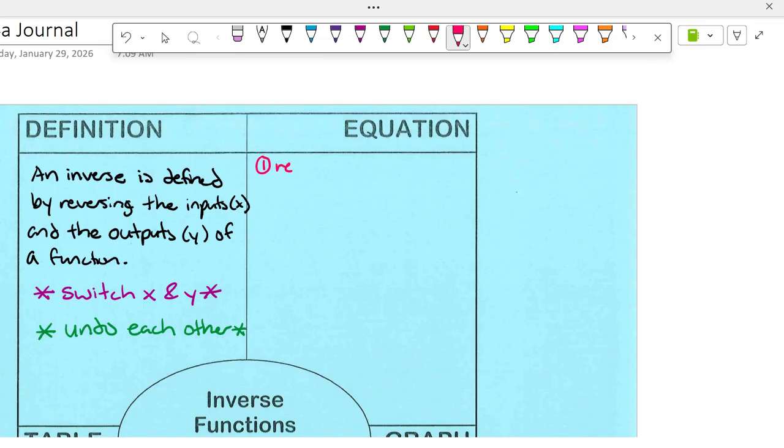So the first step is to rewrite the equation, switching the x and the y.